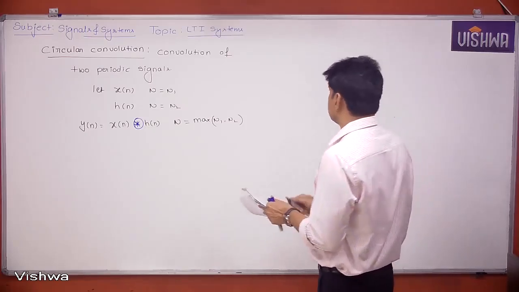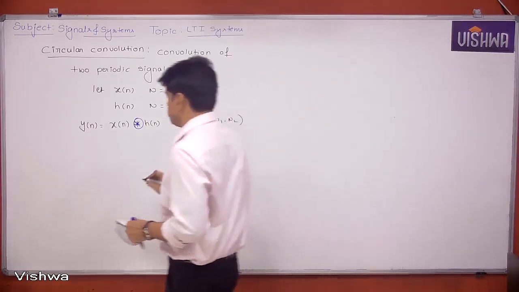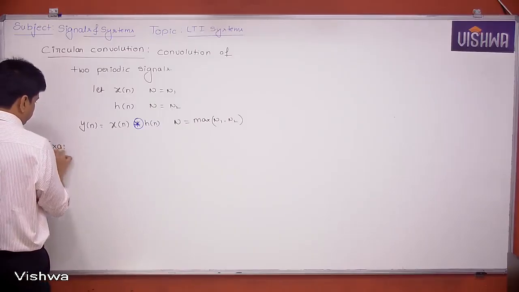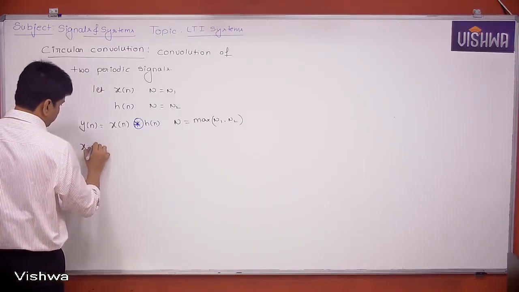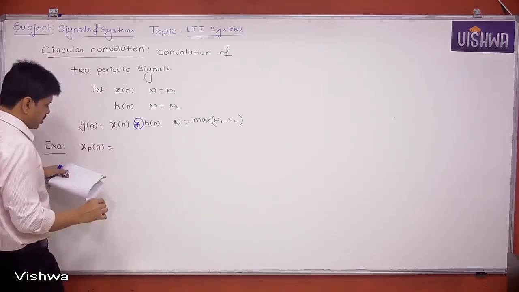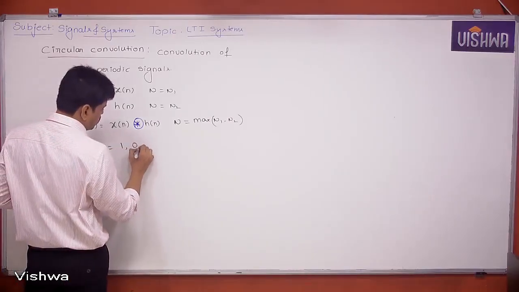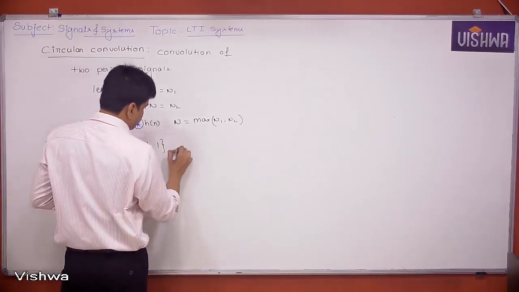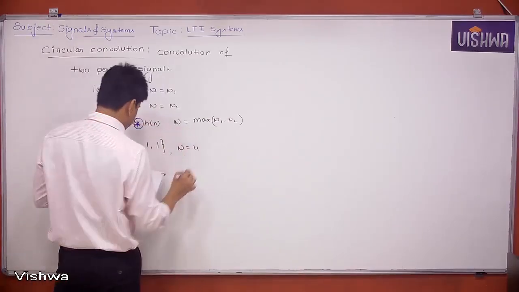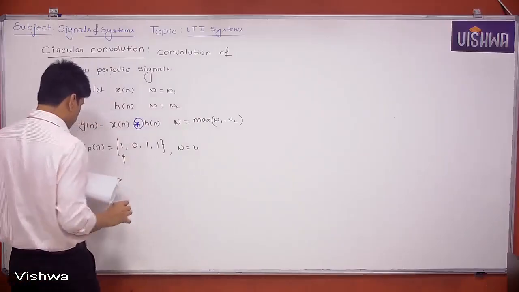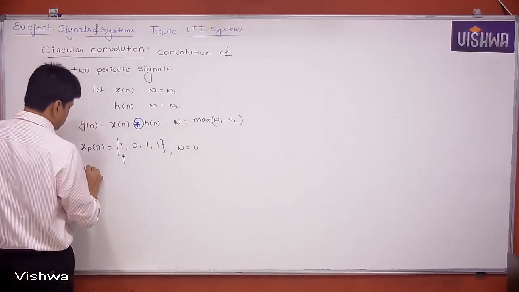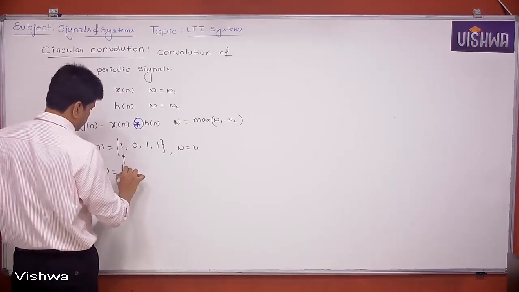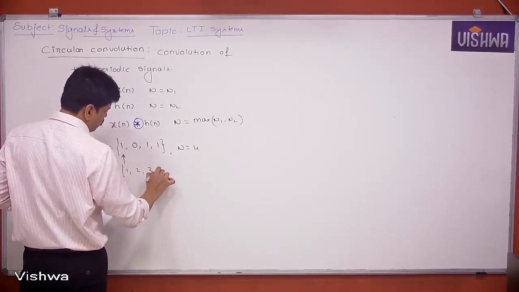Suppose, example, let's say xp of n, that means x is a periodic signal, 1 0 1 1 with a period n equal to 4. hp of n is 1 2 3 4.